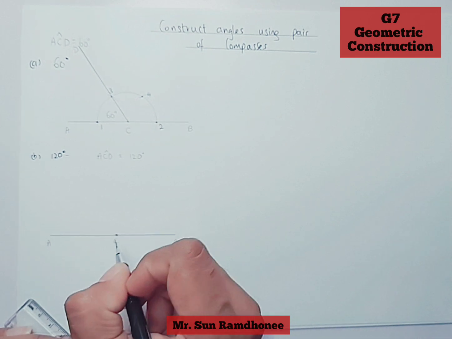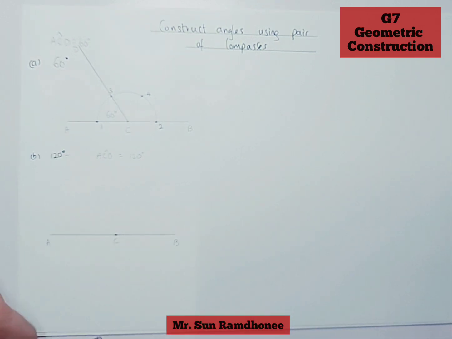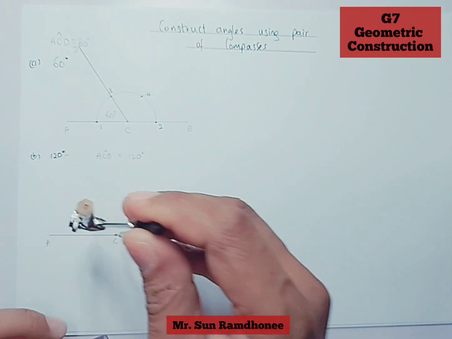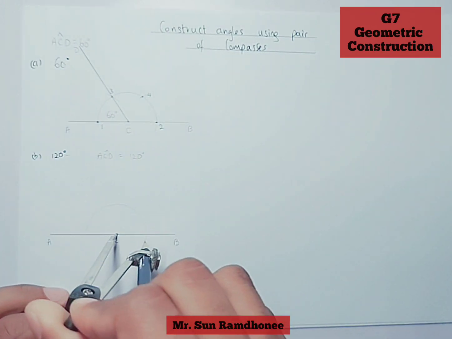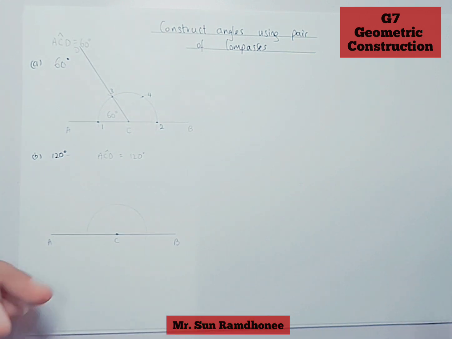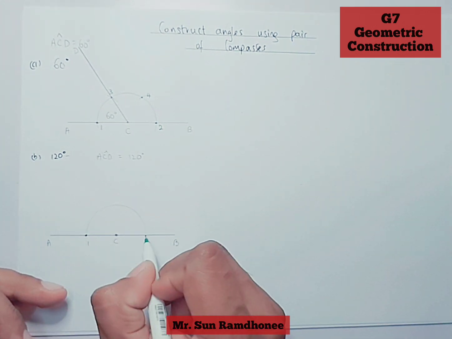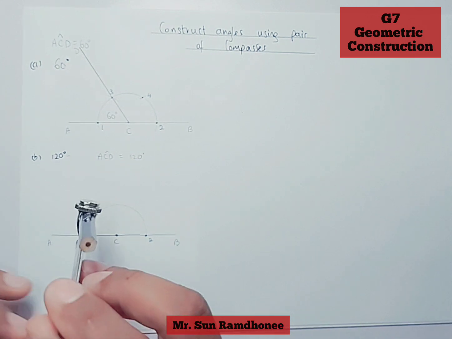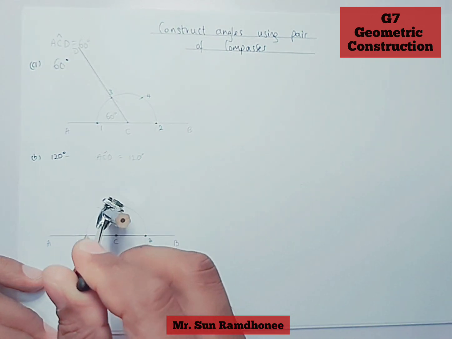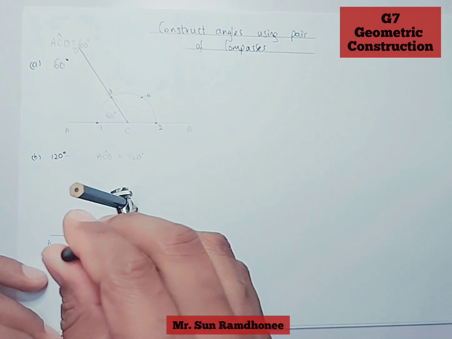If this is point C, I measure my finger. I have drawn this arc like this. This would be point 1. This would be point 2. This would be point 3 and 4.